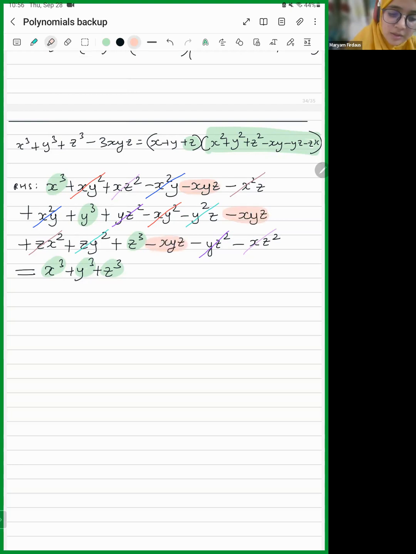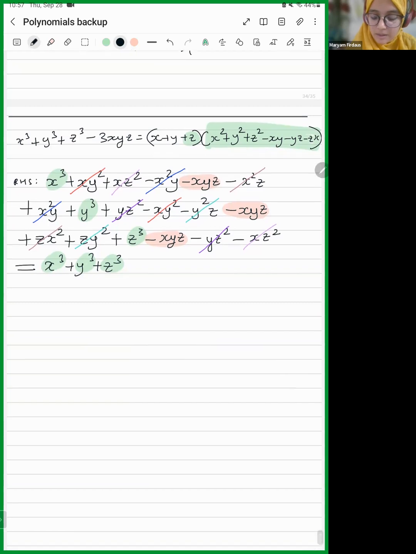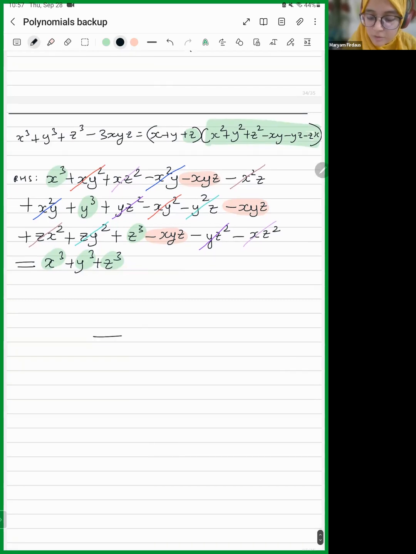So tell me, what is minus a, minus a, minus a? Minus a cube. I'm not asking what is minus a multiplied by minus a multiplied by minus a. Think about minus 2, minus 2.